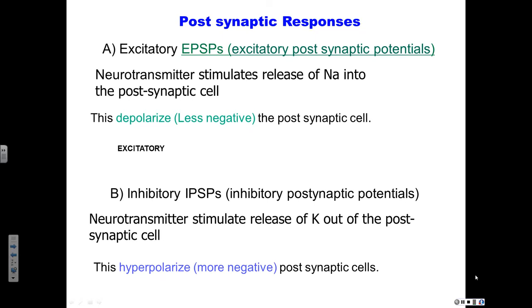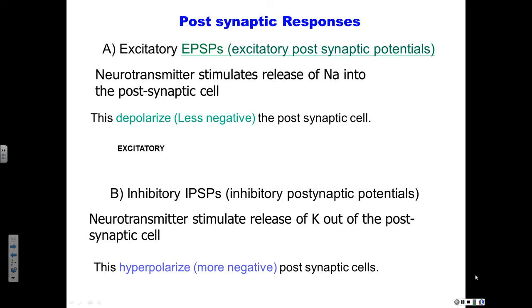That means you brought in sodium and you brought in plus charge. If you do that, you bring it to higher voltage. And that, if it were big enough, would cause an action potential, right? If it's not big enough, you don't get the action potential. That's why action potentials are all or none. But notice, these things are not all or none. They're what we call graded, because they have a number that you associate. It gave 15 millivolts. It gave 20 millivolts.